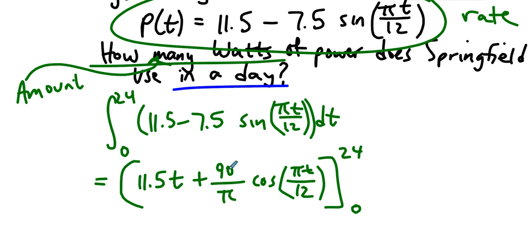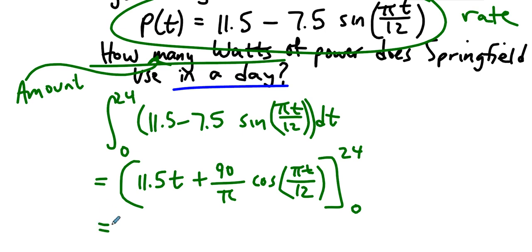You can check yourself. You can take the derivative of this with the chain rule. You're going to get a negative sine of this angle times the derivative of this angle. That's pi over 12. And that pi over 12 is going to cancel out with this thing and leave you with 7.5.